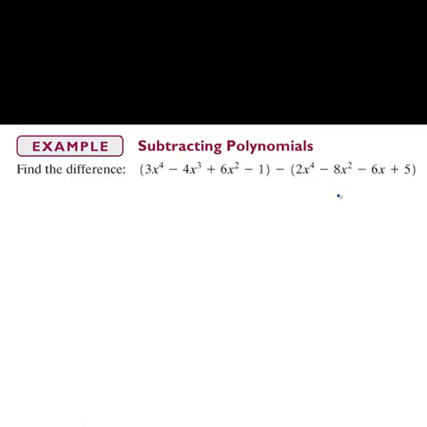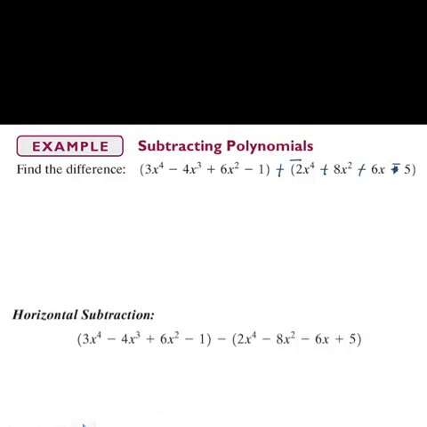One way that people like to handle this is to turn this subtraction symbol into a plus and then distribute the negative sign throughout, where you're essentially just reversing signs. Okay, like that, and then you add. Basically what you're doing is taking the first polynomial plus the negative of the second polynomial. That's certainly a way to do it.